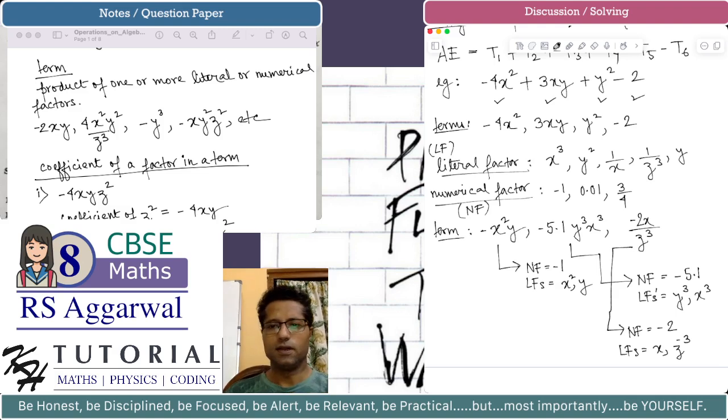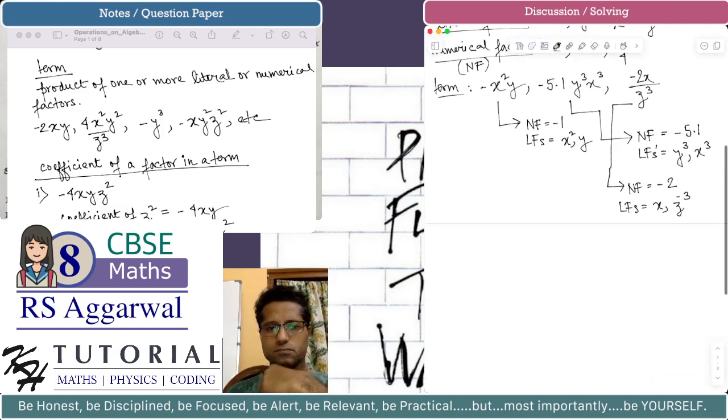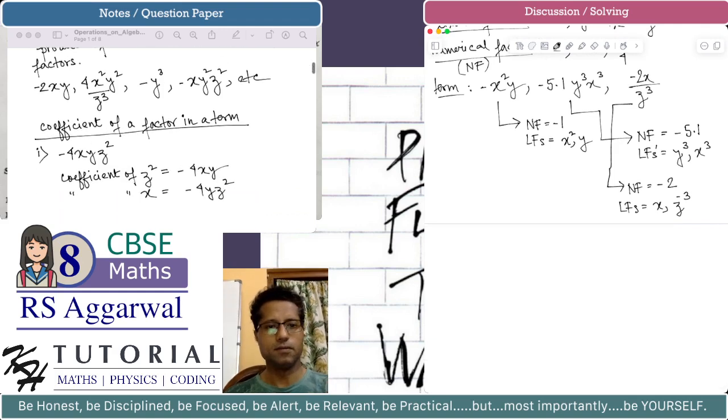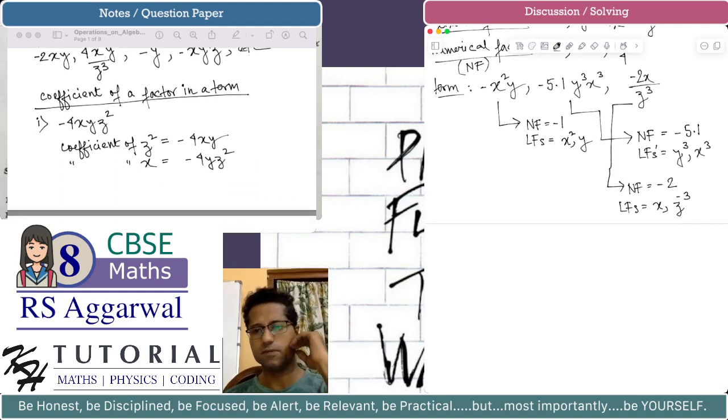Now, regarding a term, we have the concept of coefficient of a factor in a term. What does it mean by coefficient of a factor in a term? Let's say I have a term minus 3 x cube y z by, let's say, u.